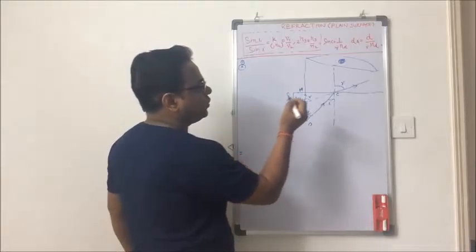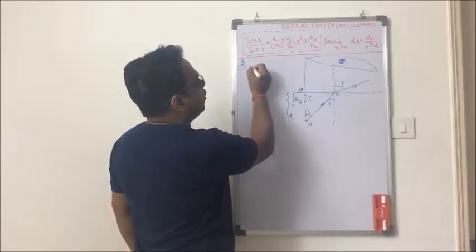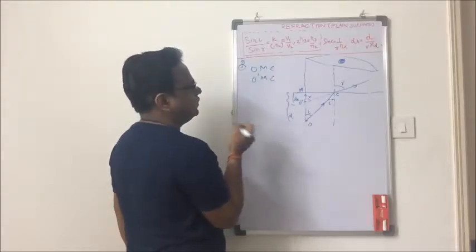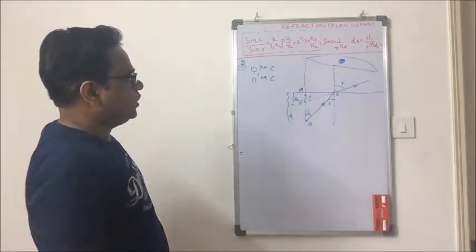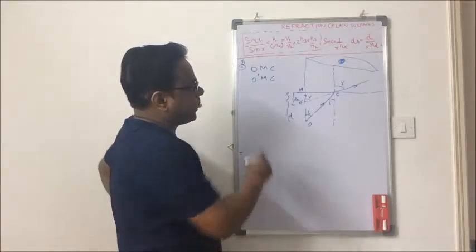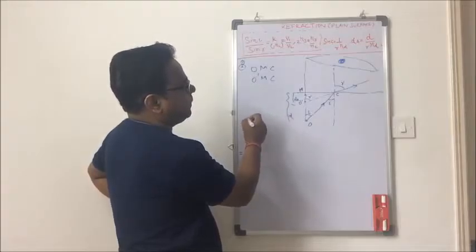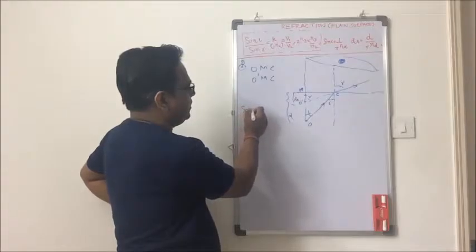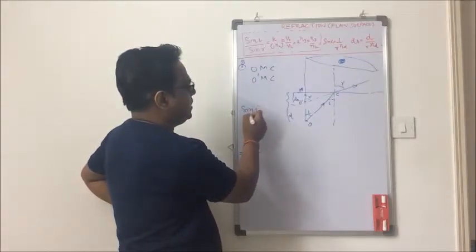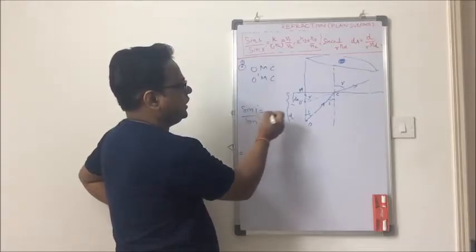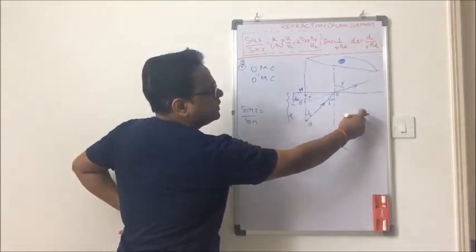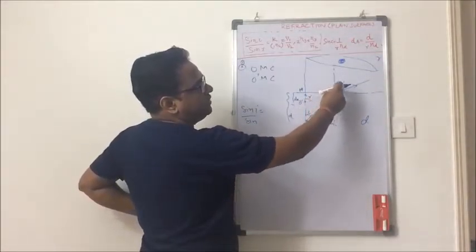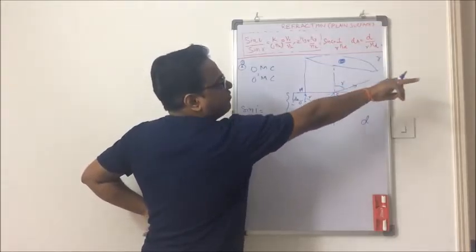And now you have to look at two triangles, triangle OMC and O'MC. Okay, so in this case, sin i divided by sin r equals n_d/n_r, this is your denser medium, this is your rarer medium, d and r. Then only light will be going away from the normal.